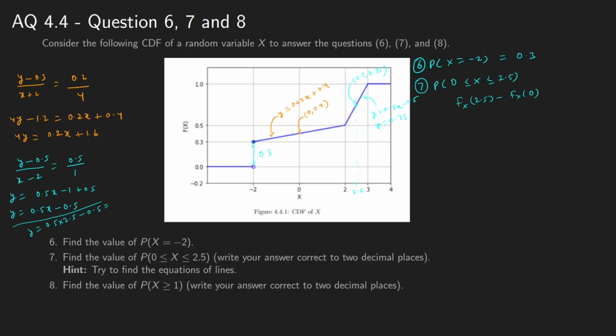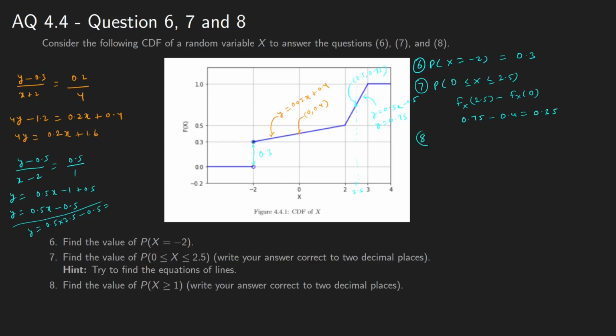So this is the CDF at 2.5. Now we can subtract these values: the CDF value at this point, 0.75, minus 0.4, so it will be 0.35. So this is the probability that x will lie between 0 and 2.5.